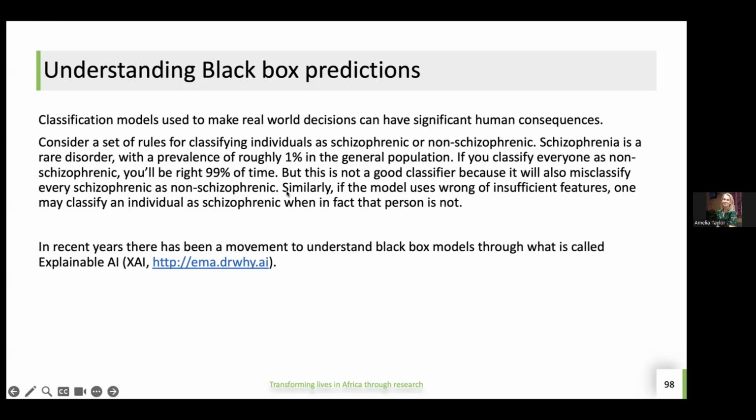I don't know what the situation would be. But similarly, you also don't want to diagnose people wrongly. So what if the features that you're using are wrong? When it comes to something like this, it's not just a matter of data collection, but also a matter of data representation.